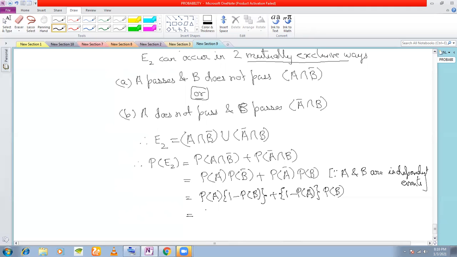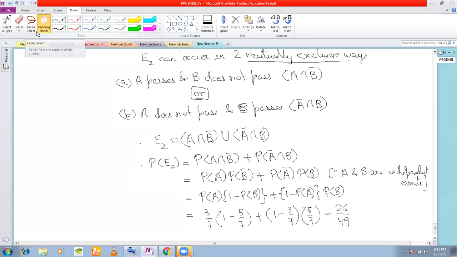P(A) here is 3 by 7 and P(B) is 5 by 7, plus 1 minus P(A) is 3 by 7 and P(B) is 5 by 7. You can calculate this, you'll get 26 by 49. Not wasting time calculating. Clear? Yes, sir.